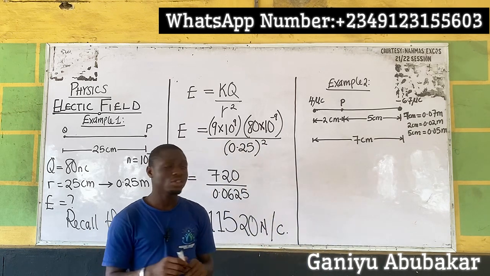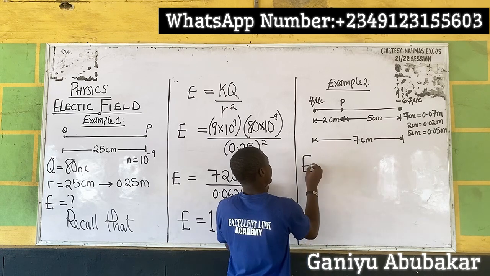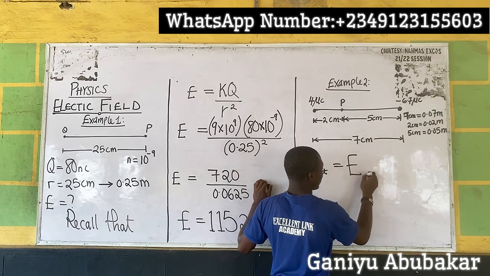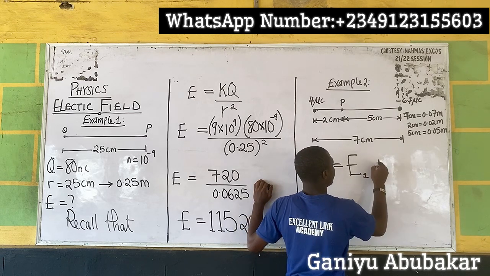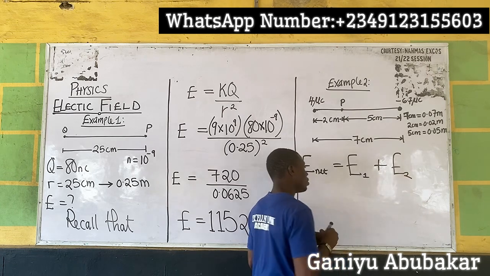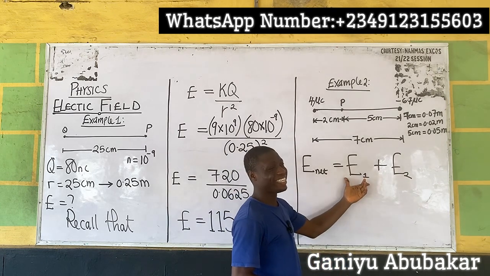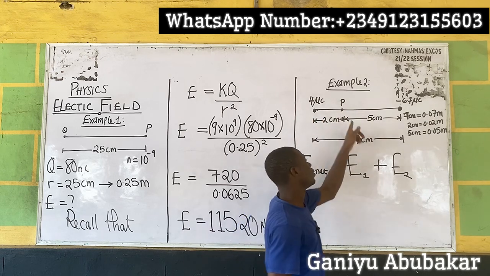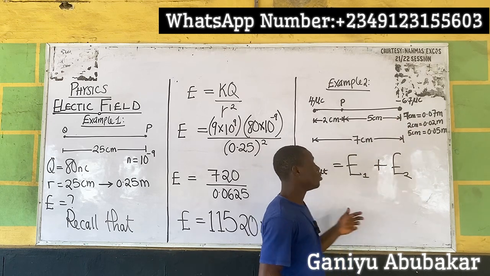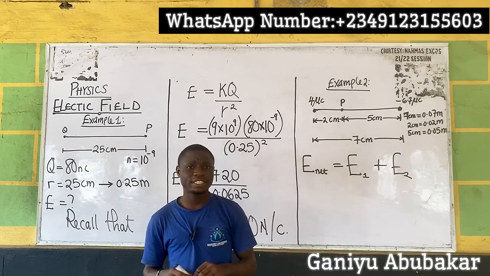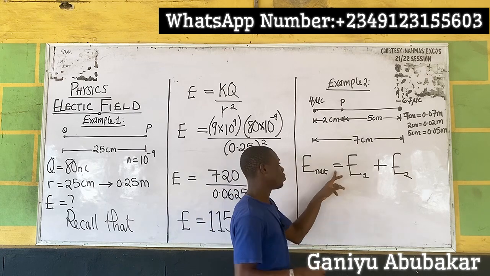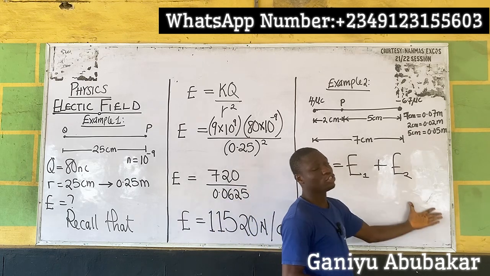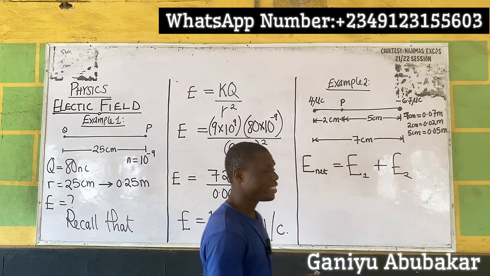Capital E net is equal to E1 plus E2, where E1 is from P to charge Q1 and E2 is from P to charge Q2. So I can find E1 and E2, one after the other. Let's get E1.